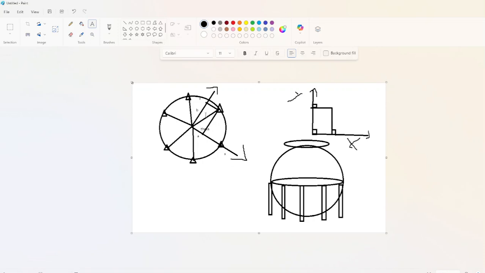Oh wait, let's label this radius. This radius is going to be C. Okay, we want to divide A by C and also B by C. But we can't just do that. That's not how we get it. So I'll just tell you how the formula is.